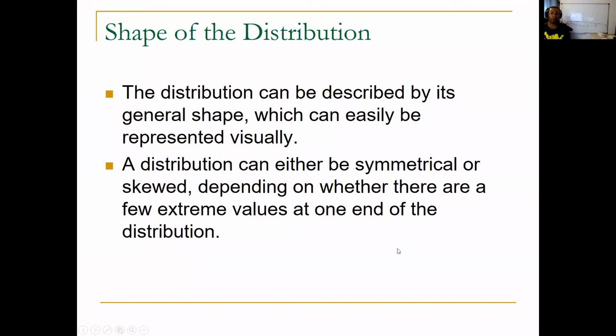Now, like I already discussed, the term skewed distribution. A distribution can be described by its general shape, which can be represented visually. A distribution can be either symmetrical or skewed, depending on whether there are a few extreme values on one end of the distribution or the other.